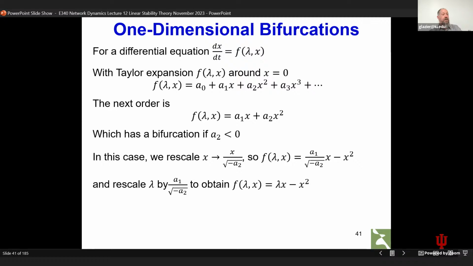If A0 is 0, then the A1 term will dominate. If A0 and A1 are 0, then the A2 term will dominate, and so on. And so what I'm trying to do is look for the lowest order in X terms and ask how they bifurcate.